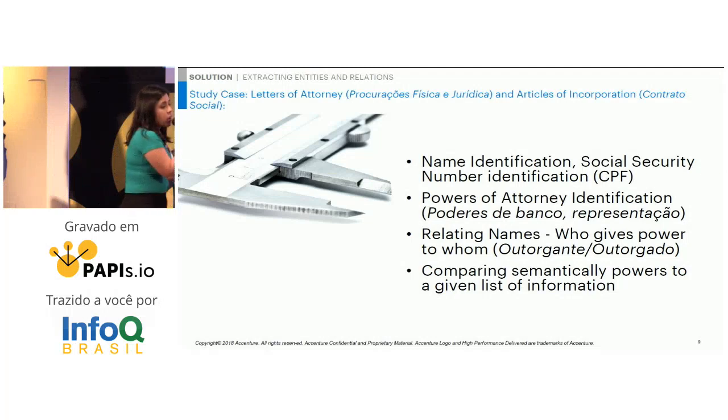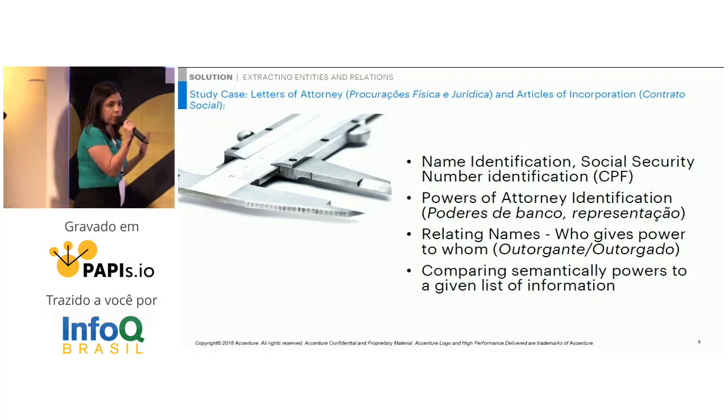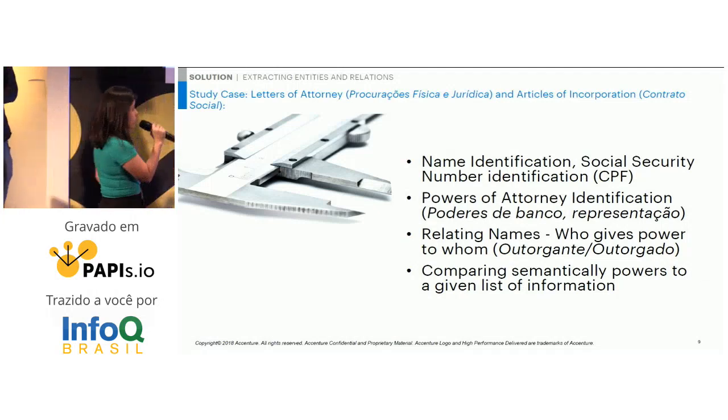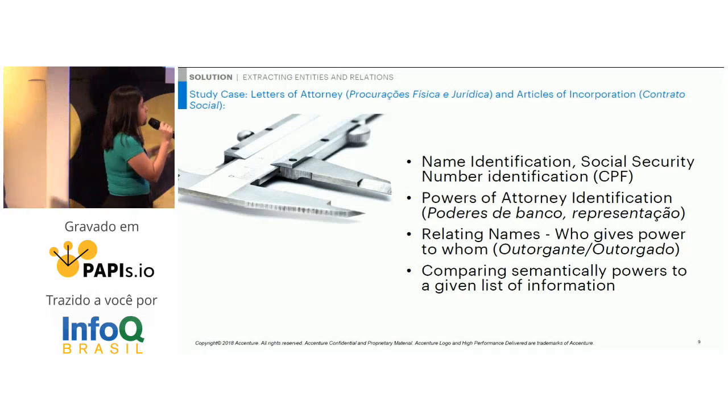We wanted to extract information from those documents, like the name, the CPF, the Social Security number identification. We had to identify the powers of attorney, like someone giving power to open an account or to represent someone in some place or something specific.